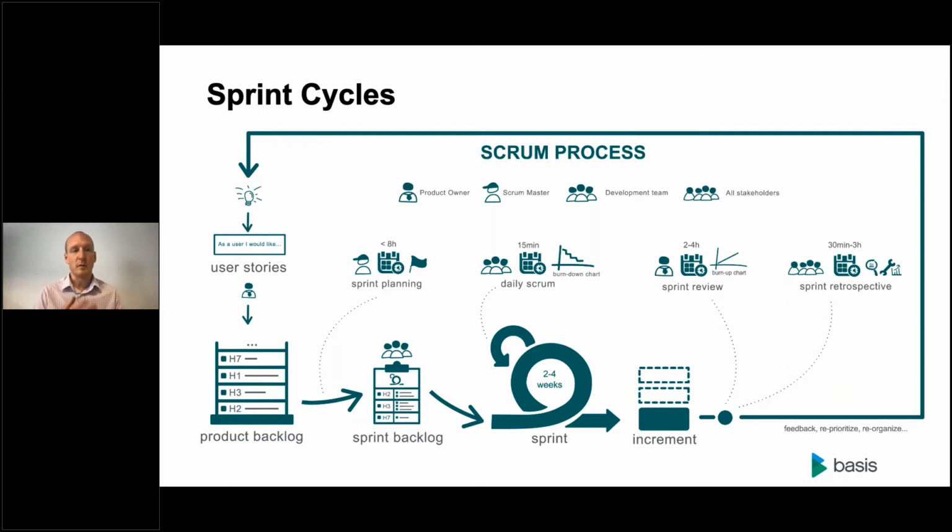So we have this sprint backlog pulled from the product backlog, and one of the ways we manage that as a team over this short period is through daily Scrum meetings, or daily stand-ups as they're called, where everybody gets together every day for a very short meeting to talk about what they're working on, the progress so far in the sprint, and any bottlenecks or barriers that they may have that the team could help them to address. So it's a very collaborative approach, with people working together on a daily basis rather than separately in silos.